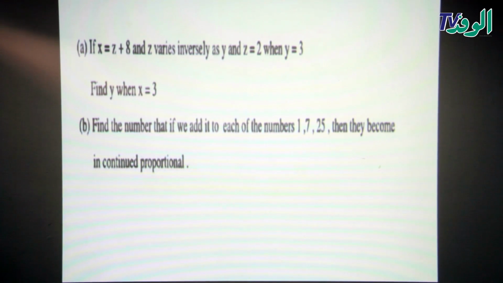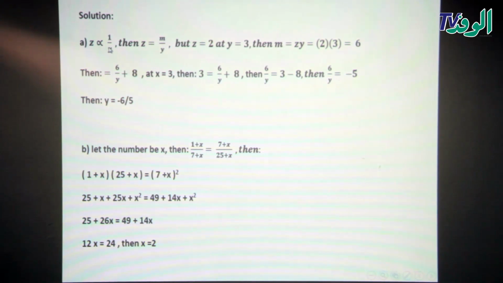Find y when x equals 3. Look, my dears, the problem starts with the relation between x and z as x equals z plus 8. Then it moves to z varies inversely as y, so in the middle here it works between z and y first, using the inverse variation. So we write z varies as 1 over y. Then we change it to an equation: z equals m over y. What is m? It is the constant of variation.